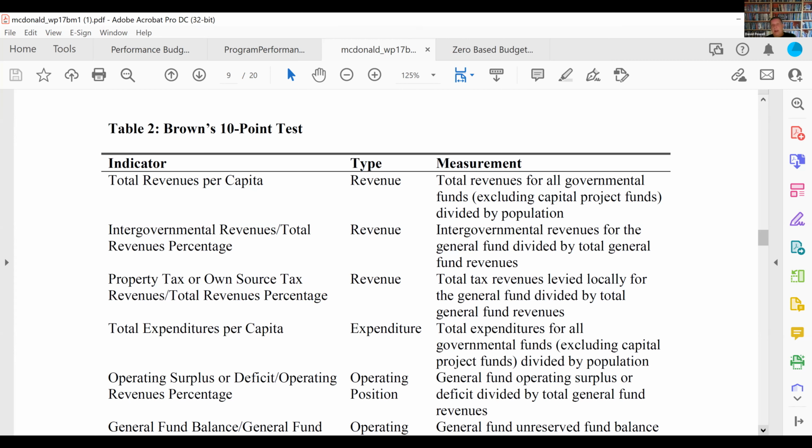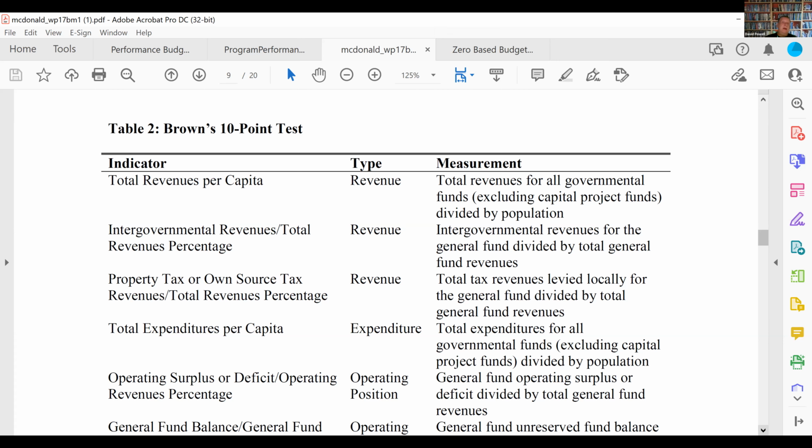And so state grant money, federal grant money, that's considered intergovernmental revenue. So you take all the intergovernmental revenue you're generating in your general fund and divide it by all the revenue that you are generating for your general fund to see what percentage of your total revenue is accounted for by intergovernmental revenue.